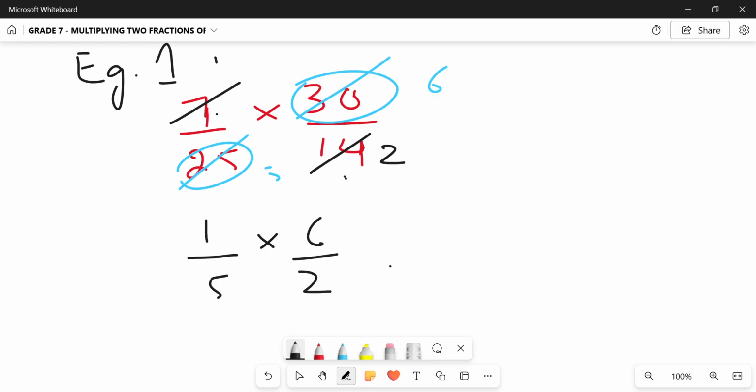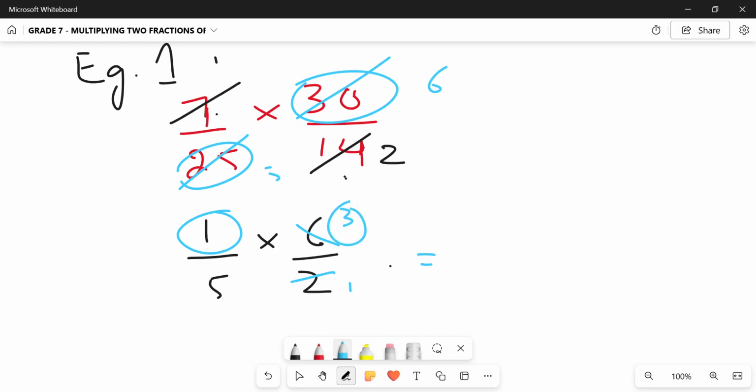Now check. One fraction is still simplifying by the 2 times table. Which one? This, 6 and 2, right? So 2 ones are 2 and 2 threes are 6 here. Now we are left with the numerators 1 and 3.